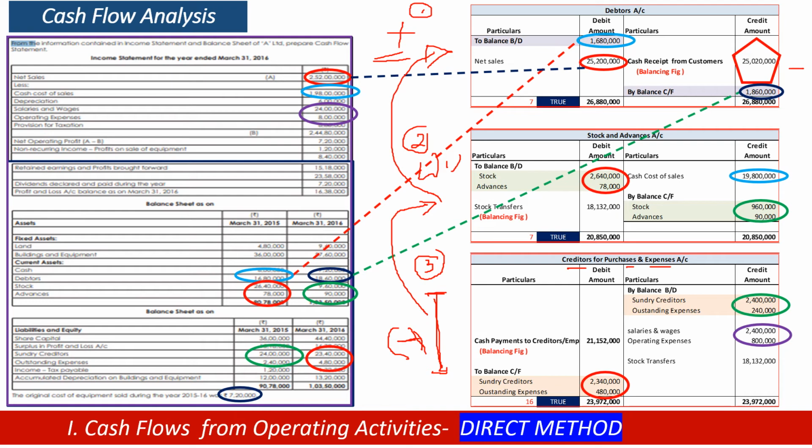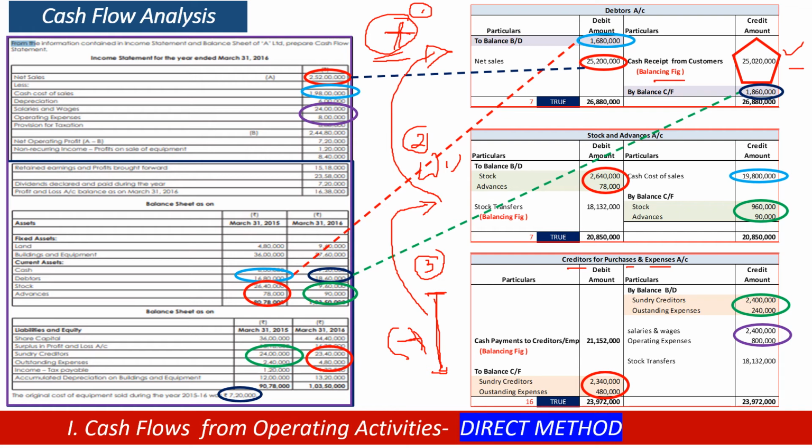Your opening balance was 16 lakhs 80,000. You sold 252 lakhs. Still you have yet to collect 18 lakhs 60,000, means you collected 250.2 lakhs, which is the balancing figure, and you got your answer right. That is the inflow collection from our customers.